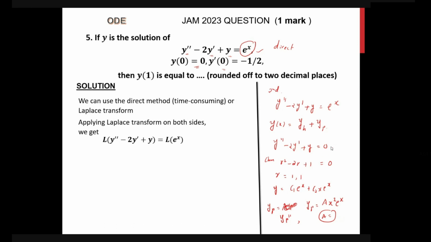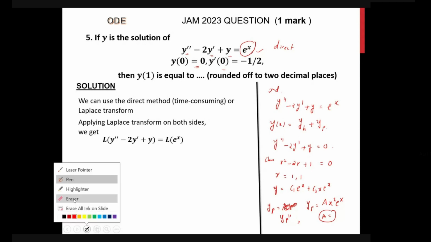So I will apply the Laplace transform on both sides. This is a second order ODE with constant coefficients. If you know the Laplace transform very well, you can use this method.